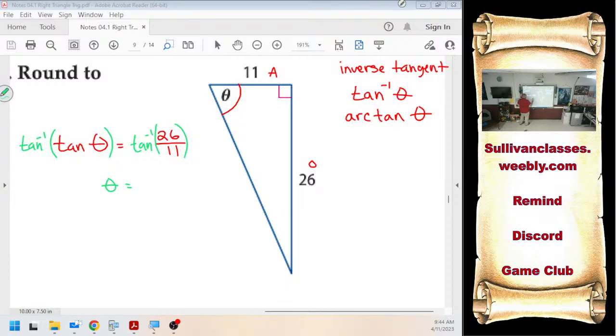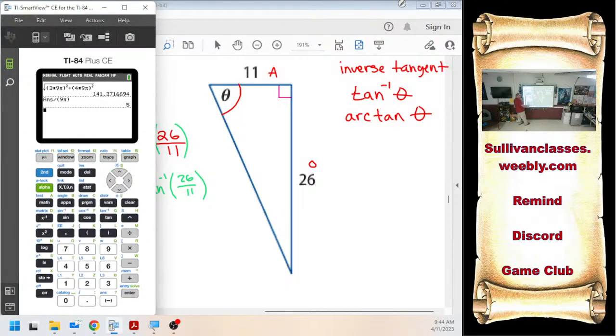So theta is technically the arctangent of 26 over 11, but then you're going to give me the decimal approximation. The arctangent of 26 over 11. Oh no, I got 1.17. Okay, always check.